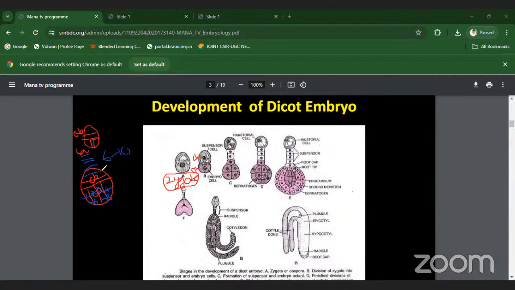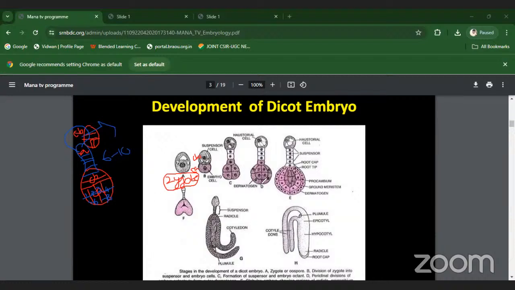Finally it develops as a suspensor. After 5 to 6 divisions, it is developed as the suspensor, with 6 to 10 suspensor cells. Of all these cells, the topmost swells and becomes larger. It acts as a haustorium, like this.